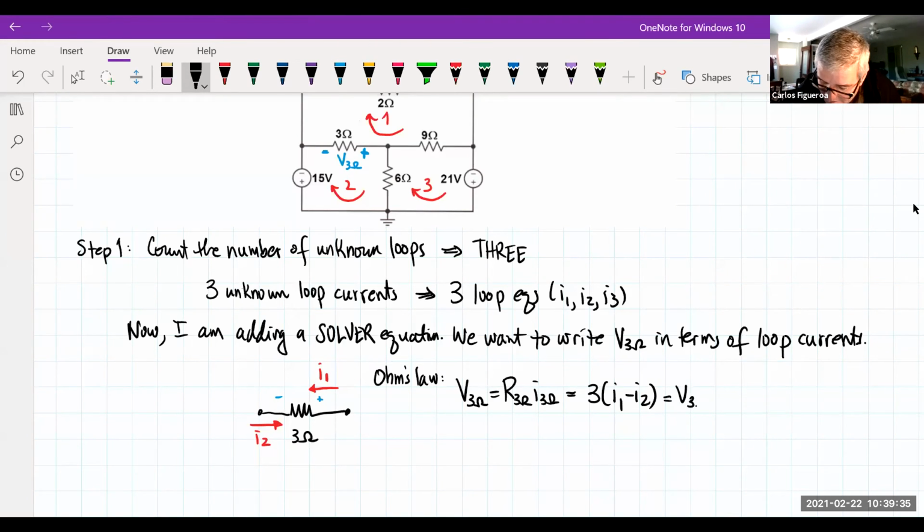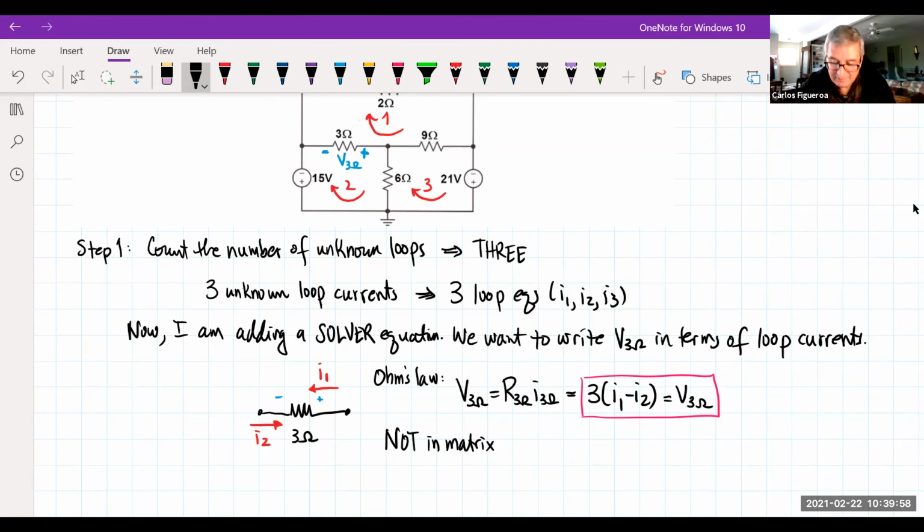So what I'm saying here is that this now is my voltage written in terms of loop currents. However, this is not in matrix form, right? But you know what?